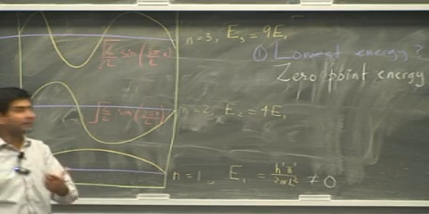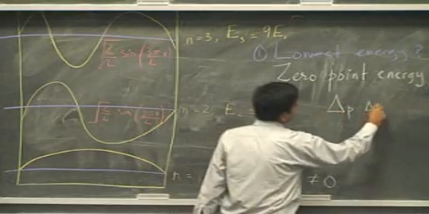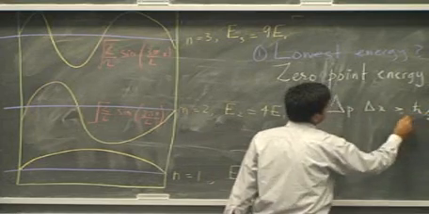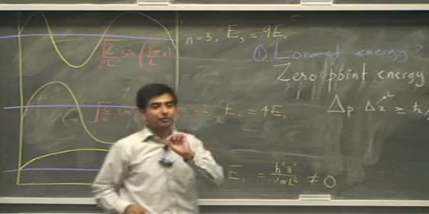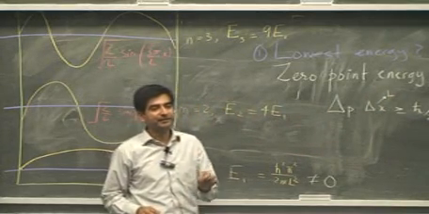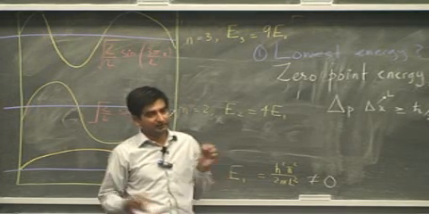Exactly. Another way to look at this is, we know that delta P, delta X has to be greater than or equal to H bar over 2. Now delta X is L. But if we confine or if we say that the electron has 0 energy, it means its energy is well known, which is 0.